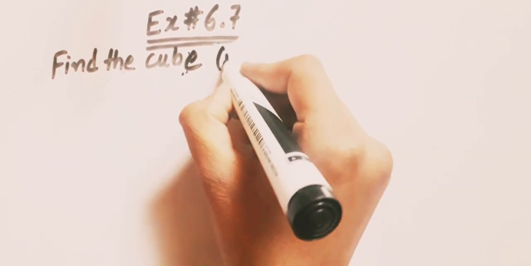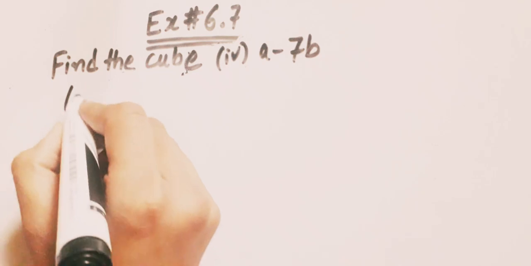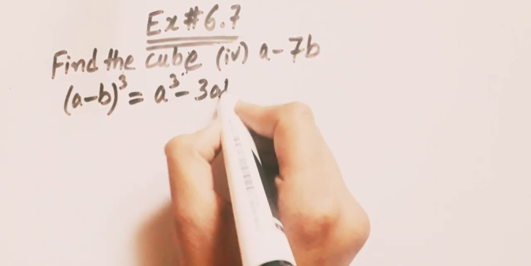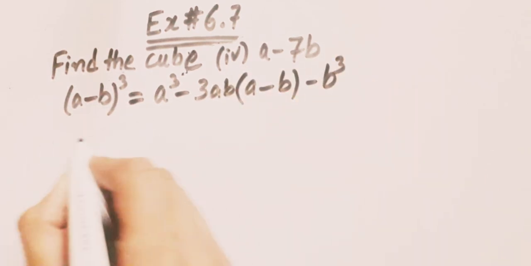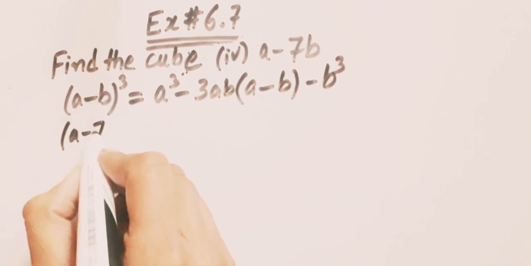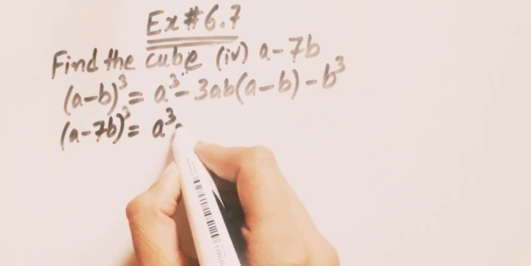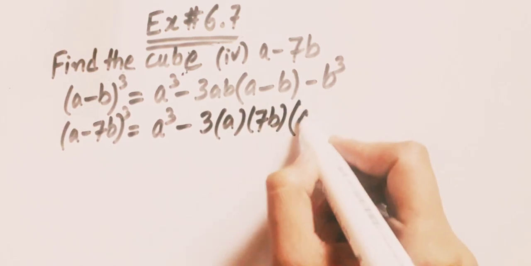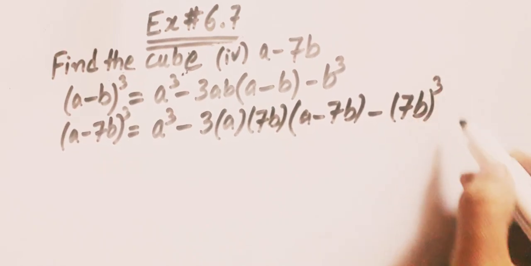Now question number 4 is a minus 7b. Now again we will apply a minus b whole cube formula, that is a cube minus b cube minus 3ab into a minus b. So a minus 7b whole cube is equal to a cube minus 3 into a into 7b, a minus 7b, minus 7b cube.